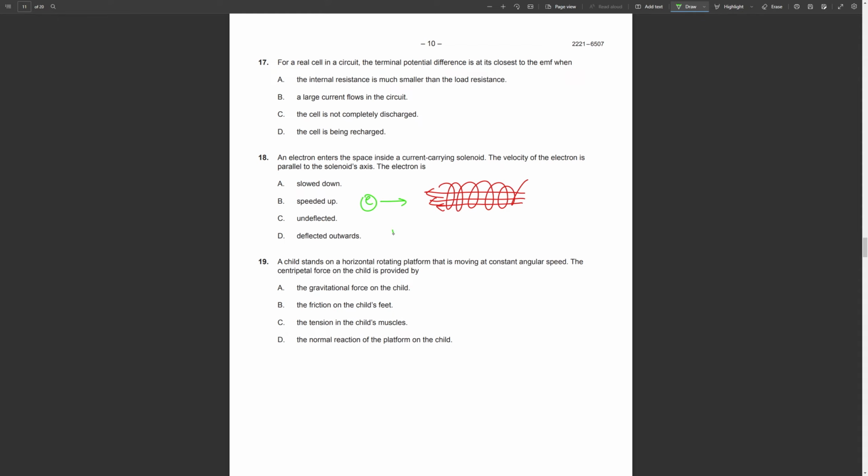Right now the velocity of the electron and the magnetic field direction are parallel. Therefore, according to the equation F equals BQV sine theta, it is right now sine 0 degree. What is sine 0 degree? The force will be 0. If there is no force acting on the electron, it should move at a constant velocity, undeflected.